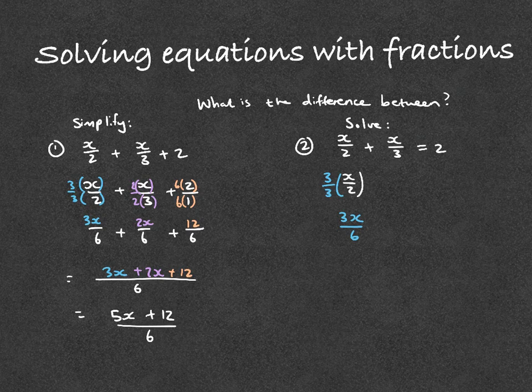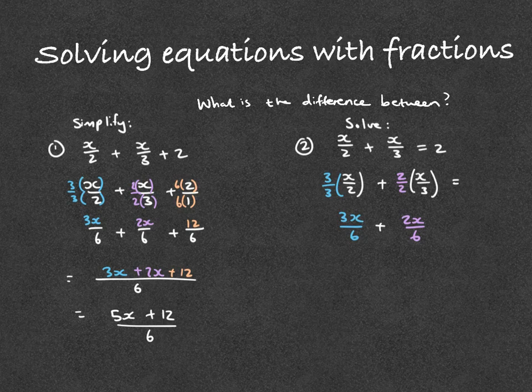We want a lowest common denominator of 6. And the next part, we're going to multiply x over 3 by 2 over 2, like we just did. So that in other words is going to become 2x over 6.